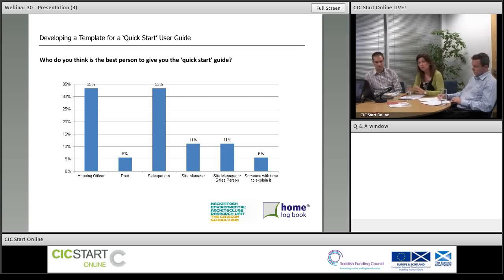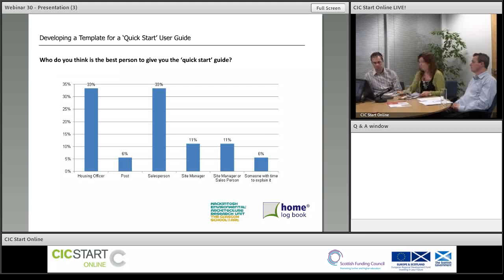So that's when it becomes really critical. It's important for the person with the guide that it is the correct one for their home, otherwise it begins to lose value. If they look at it and feel that it's not reflective of their particular situation, then they maybe don't take so much value in it.